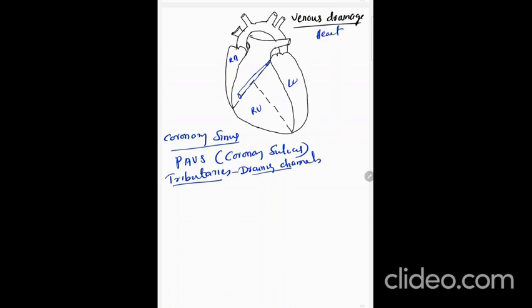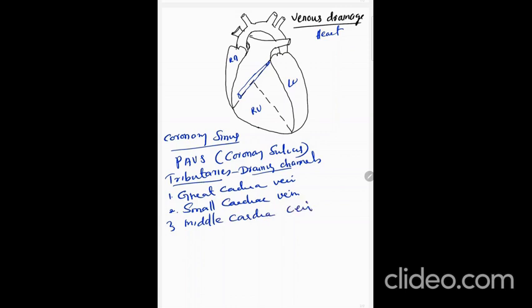The first one is called the great cardiac vein. Then comes the small cardiac vein. Then, the third one, the middle cardiac vein. Then there is the posterior vein of the left ventricle.